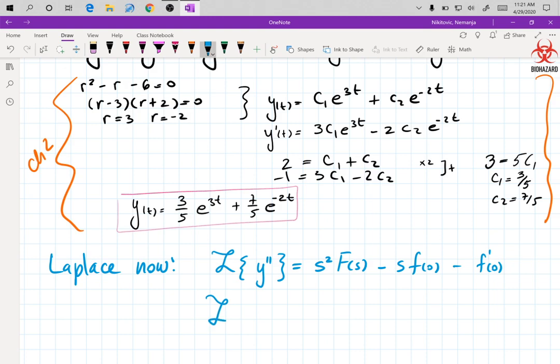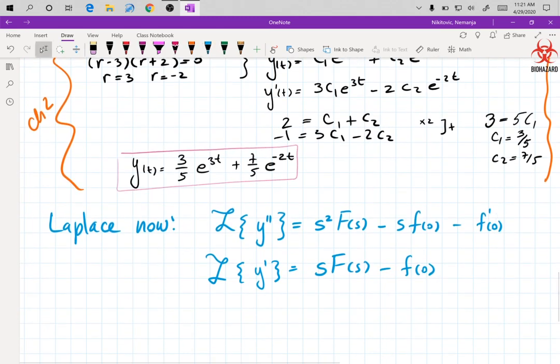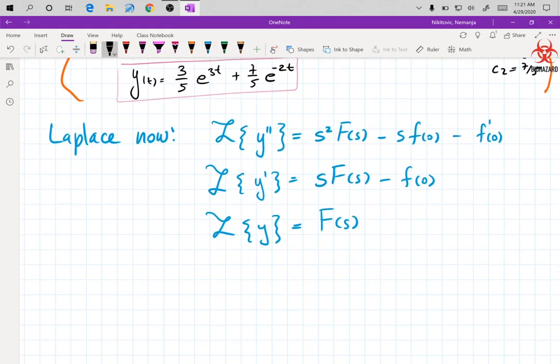And we also have the Laplace transform of the first derivative, which was s F(s) minus f of 0. And we have the Laplace of y, which is just F(s). That's what we did last class. So these are the 3 formulas that we are going to use to transform our problem. So now, what is my problem? My problem was y double prime minus y prime minus 6y equal to 0.